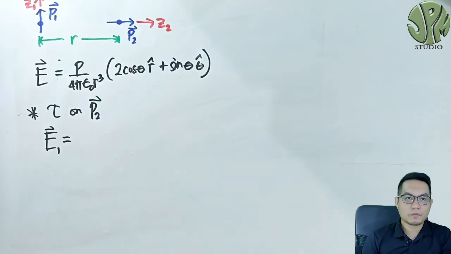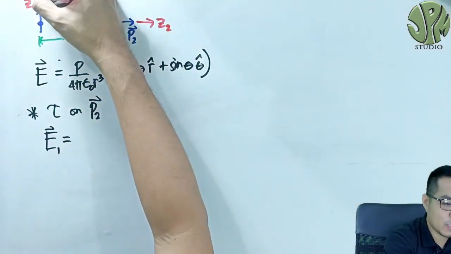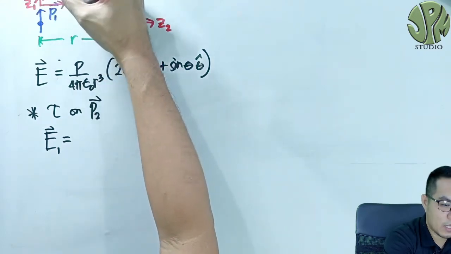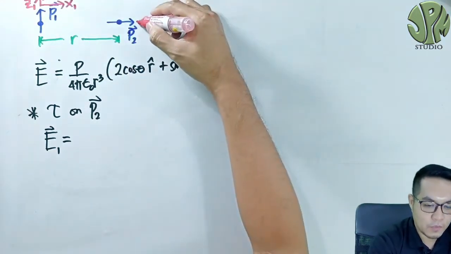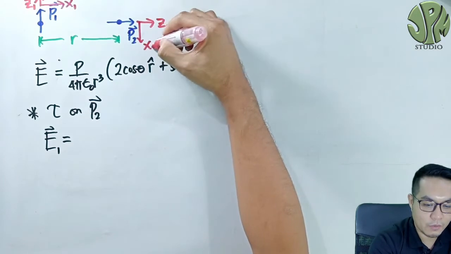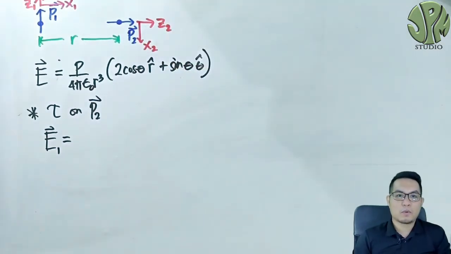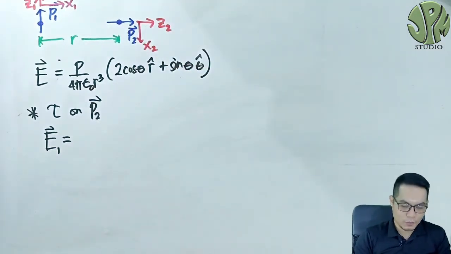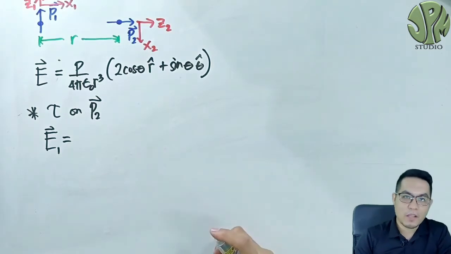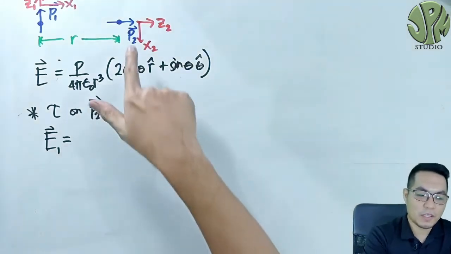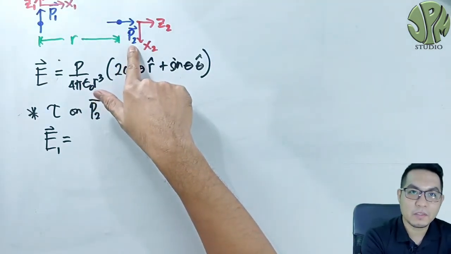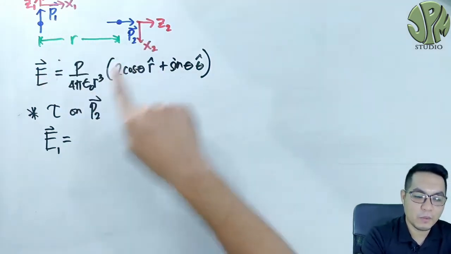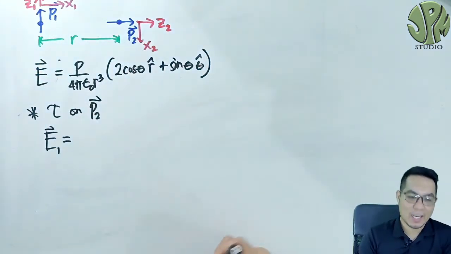Then you can assume any direction for the others. I can assume that this direction is x1, and also this direction is x2. But actually, it doesn't matter what direction you assume. The important thing is that our dipole moments, P1 and P2, are pointing along the z-axis.